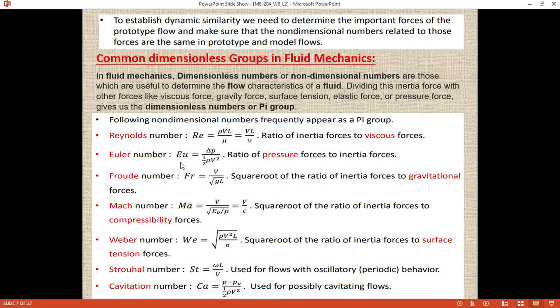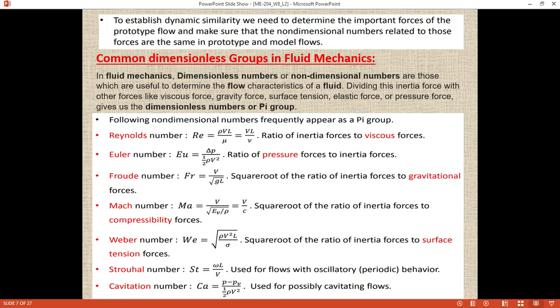Also there are the Euler number, Froude number, Mach number, the Weber number, the Strouhal number. But here I will discuss the four numbers we normally use in most cases. The most important is the Reynolds number.